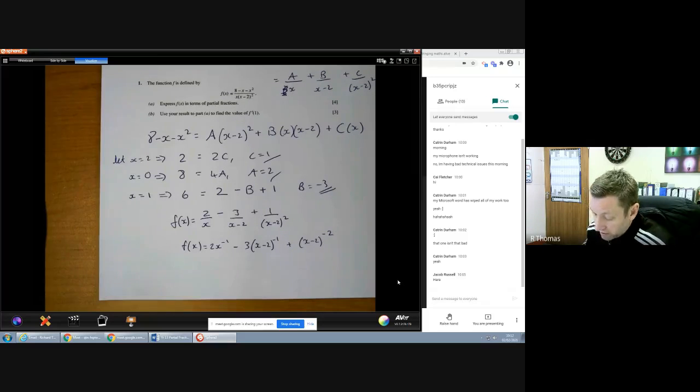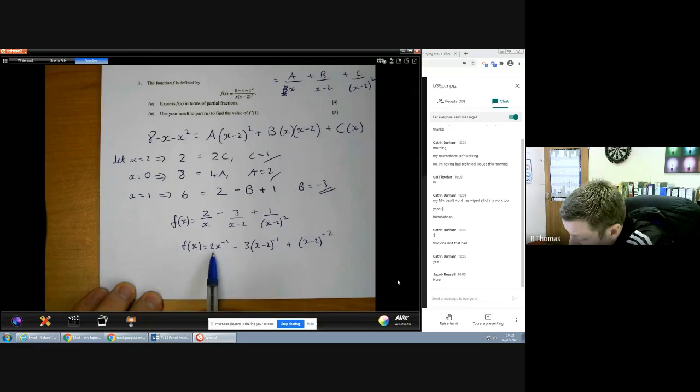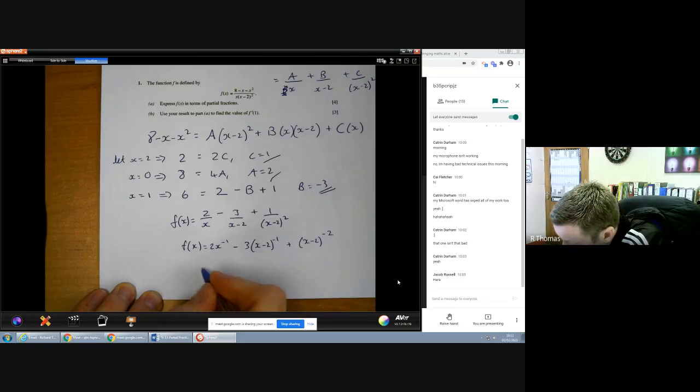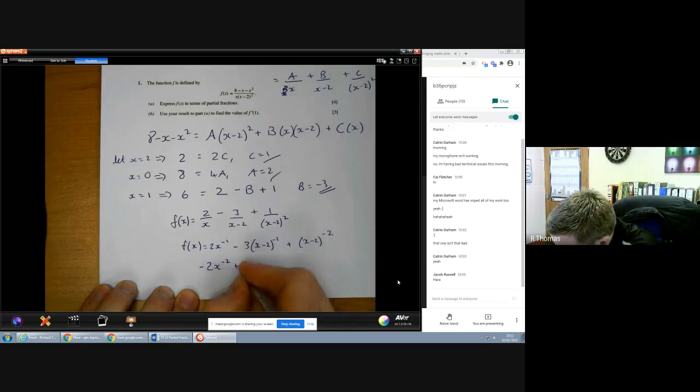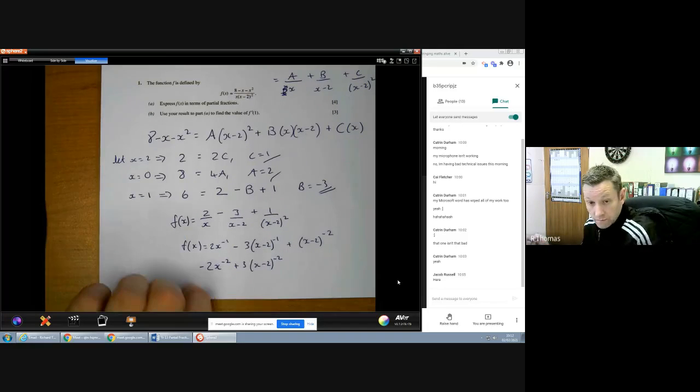Because now to differentiate, you bring the power down and reduce the power by 1. So if I differentiate this, bring the power down, 2 times minus 1 is minus 2. Reduce that power by 1, goes to 2x to the minus 2. Similarly for this, power down, so I've got minus 1 times minus 3, which is plus 3, and that then goes to minus 2.